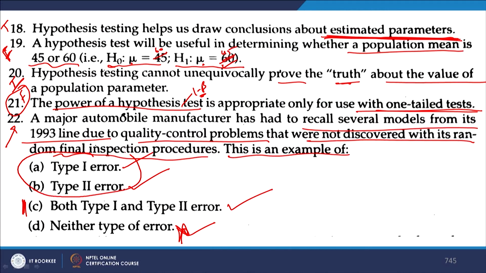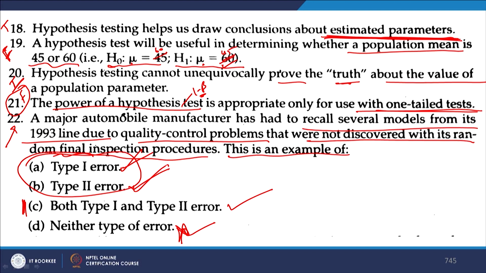What would you do? Let me tell you, the answer cannot be C, because you can't have both the errors simultaneously. So, either you are committing type 1 error or type 2 error, and of course, neither cannot be the answer either, because the answer is either A or B.